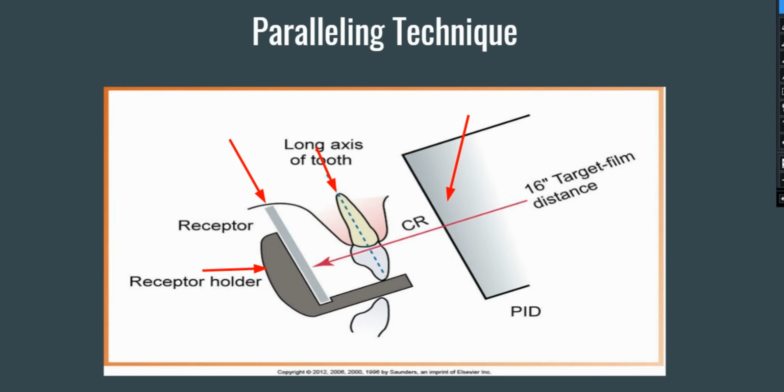If you look closely, you can see that if these two lines continued to extend on and on, they would run parallel the whole distance. And so that is the basics of the paralleling technique.